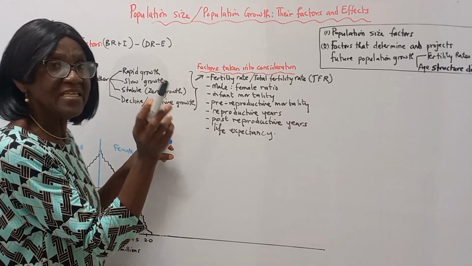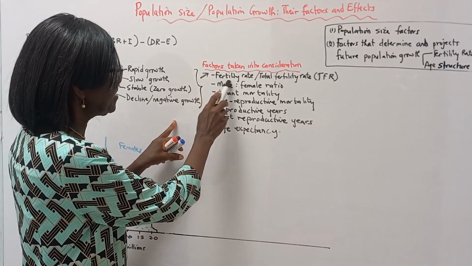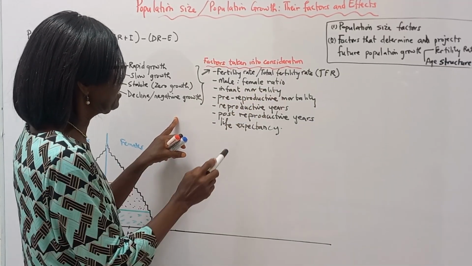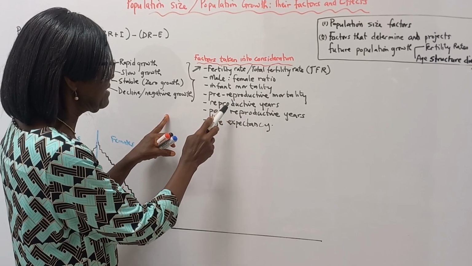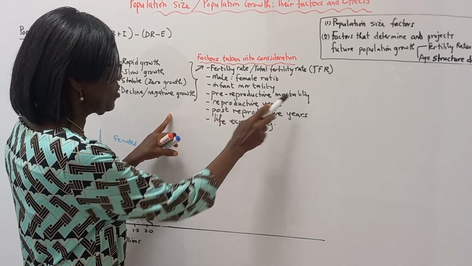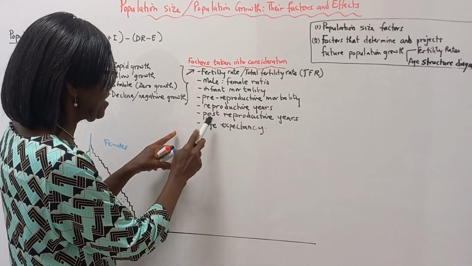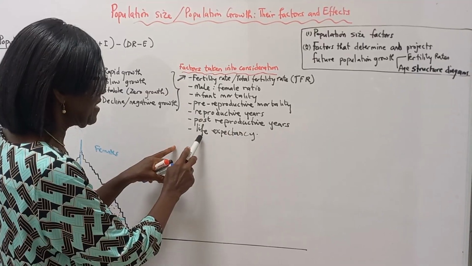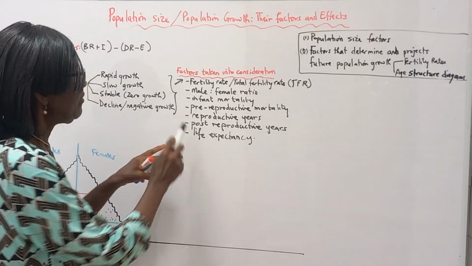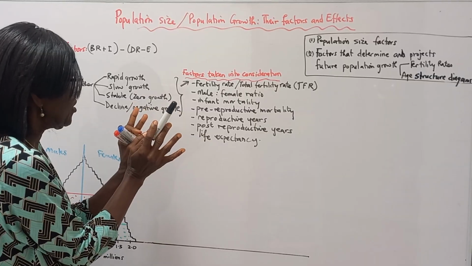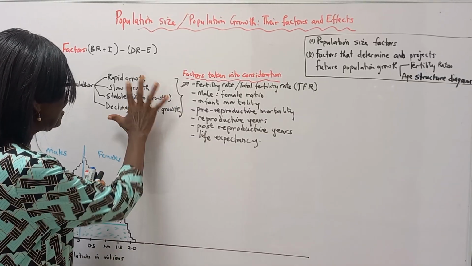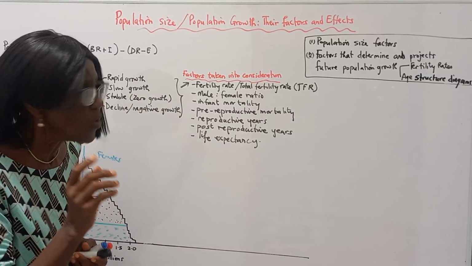Factors that are taken into consideration are fertility rates or total fertility rates, male-female ratios, infant mortalities, pre-reproductive mortalities, reproductive years, post-reproductive years, and life expectancy. These factors are taken into consideration to determine how population growth is going.